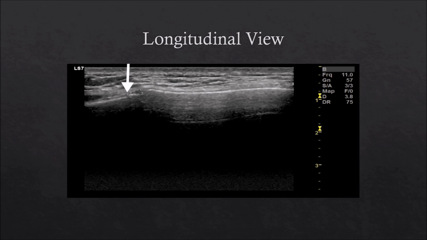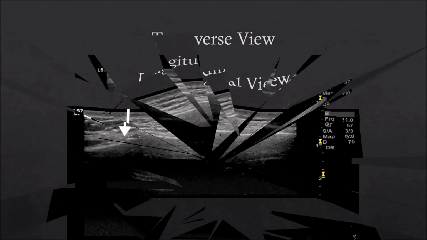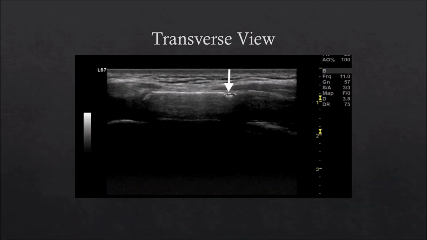And again, you can see the disrupted cortex of the bone with the solid arrow. In this image, you have the sternum in short axis with a small hematoma above the little buckle in the bone.